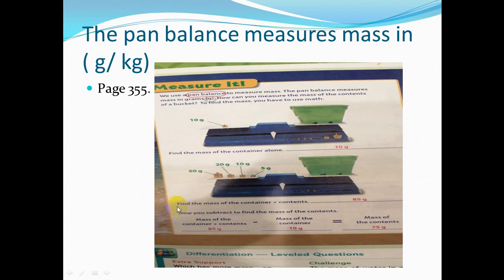But after we put the liquid here, the mass of the container plus the mass of the contents together equals 85 gram. So how much is the mass of the contents? We have to subtract: mass of the container plus the contents minus mass of the container. 85 minus 10 gram equals 75 grams.